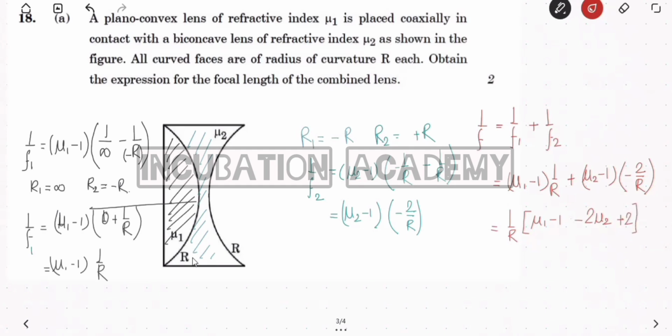Here 2 and minus 1 combine and become plus 1. So 1 by f equals (mu1 minus 2 mu2 plus 1) by R. Now if you want the expression of the focal length, small f equals capital R divided by (mu1 minus 2 mu2 plus 1). This is the focal length of this combined lens which is shown in the figure. Thank you all.